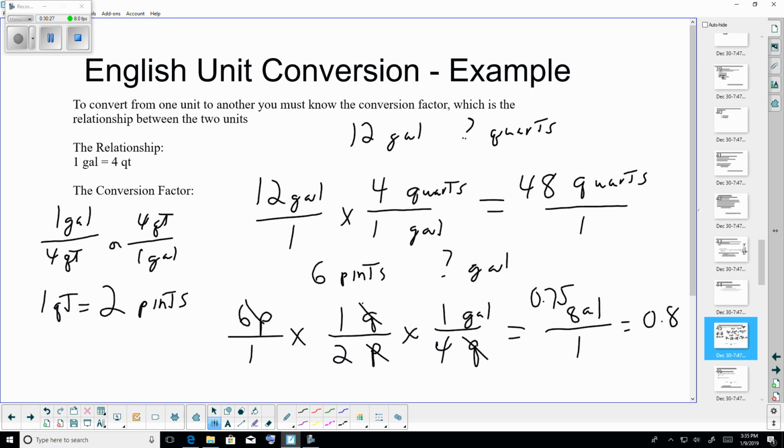So whether I use dollars, nickels, pints, quarts, grams, moles, atoms, as long as I have an equality, I can make a conversion factor. If I can make a conversion factor, I can convert it to anything else. As long as you set it up right, it shouldn't be a problem.